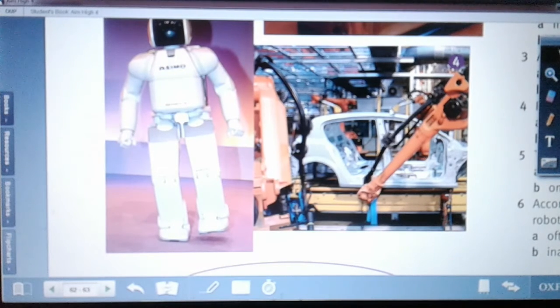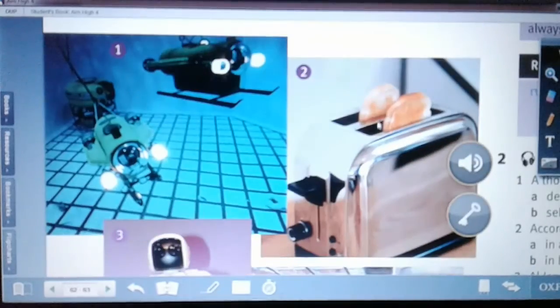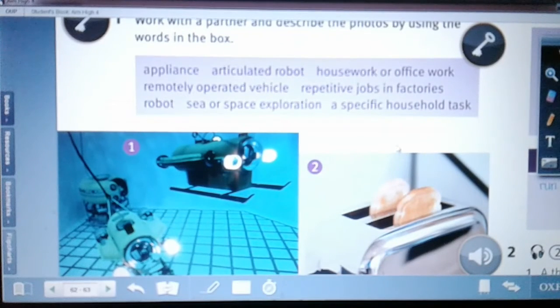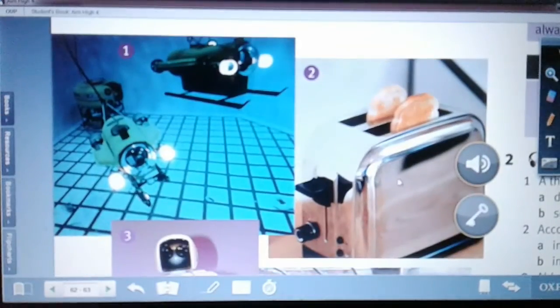This is the last picture. So what kind of machine can you see there? Articulated robot. Yeah, articulated robot. And what do they do? They do repetitive jobs in factories.